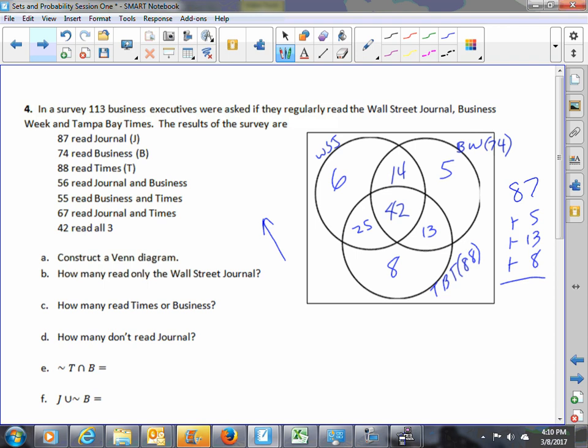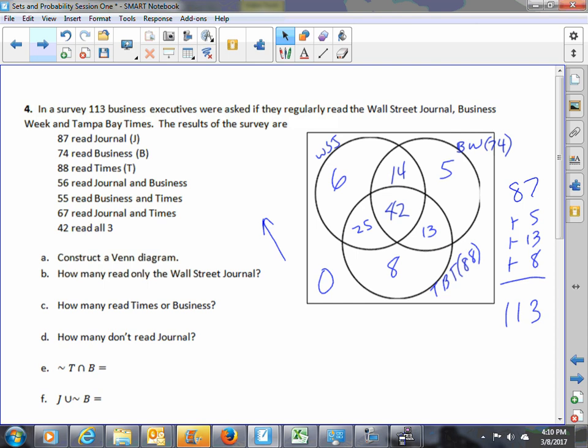Now that gives me 113. So there aren't any that don't read at least one of the 3 journals.